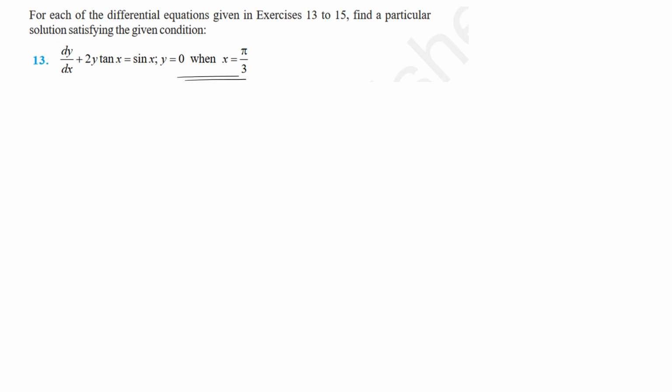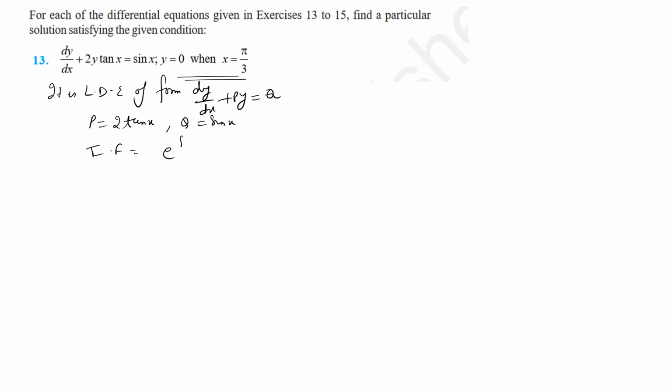Again you can clearly see that it is a linear differential equation of the form dy upon dx plus Py is equal to Q. Here P is 2 tan x and Q is sin x. So first of all find the integrating factor, which is e raised to the power integral P dx, which is e raised to the power 2 times integral of tan x dx.